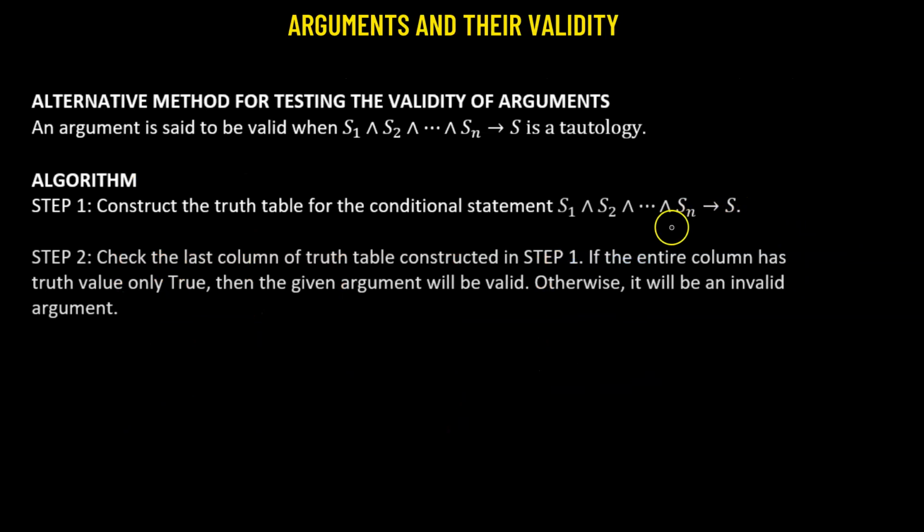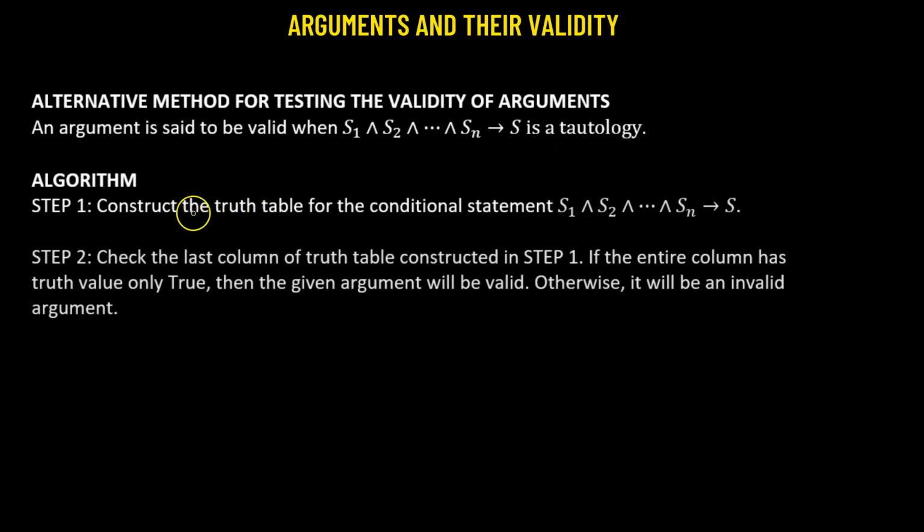Now there is also an alternative way to test the validity of arguments. If we consider all the hypotheses and take the conjunction, and use the conditional statement that if the conjunction of all the hypotheses, then the conclusion S is a tautology, then we will say that our given argument is valid.